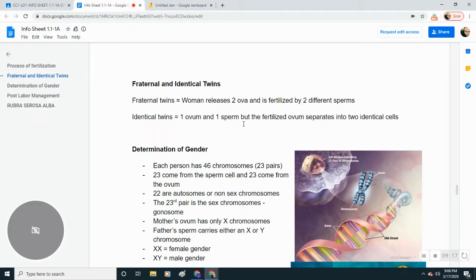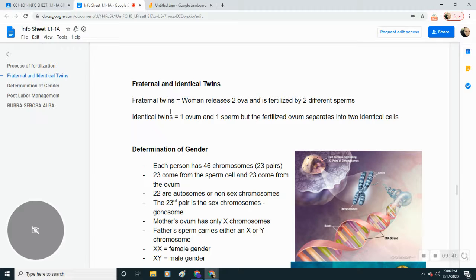When we say fraternal twin, sabay silang pinanganak pero hindi sila magkamukha. Hindi sila magkamukhang magkamukha. For example, one is male, one is female. Ganun. Pero sabay silang pinanganak. That is what we call fraternal twin. Identical twins, okay?